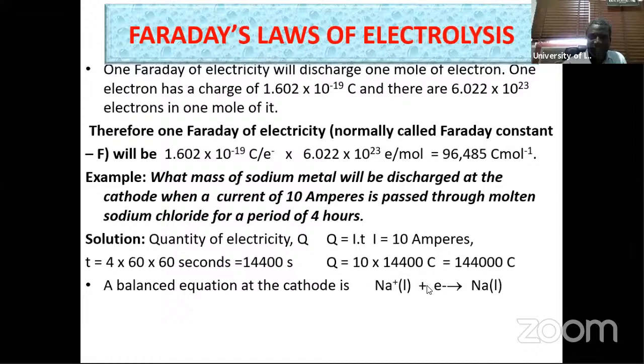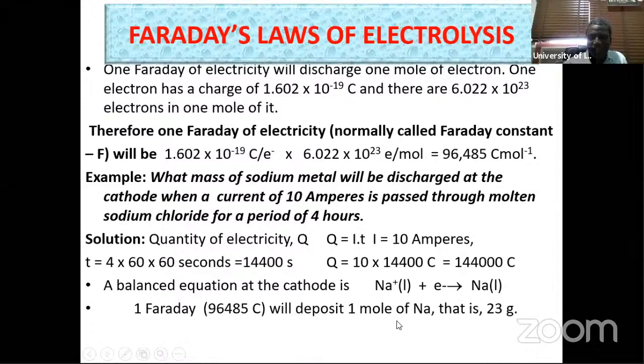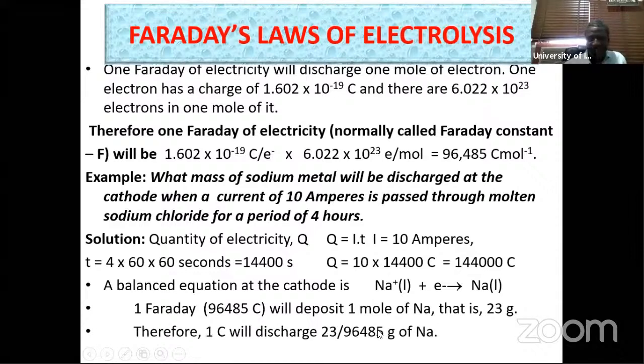So the balanced equation at the cathode normally will be, you have sodium plus 1 electron to give you this. And 1 Faraday will deposit 1 mole of sodium, that is 23 grams. Then the question is, what will this amount deposit? So you can now calculate what this will deposit.